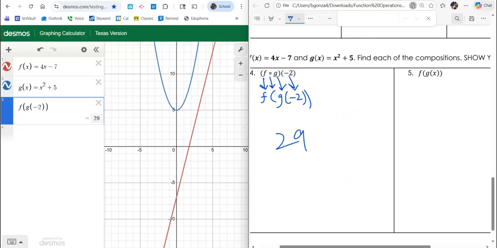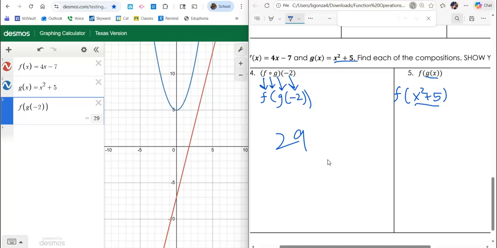Y'all ready for the last one? Okay, here we go. f of g of x. What is g of x? What goes here? f of, and instead of g of x, we're going to put x squared plus 5. Then you're going to put this into the f function.